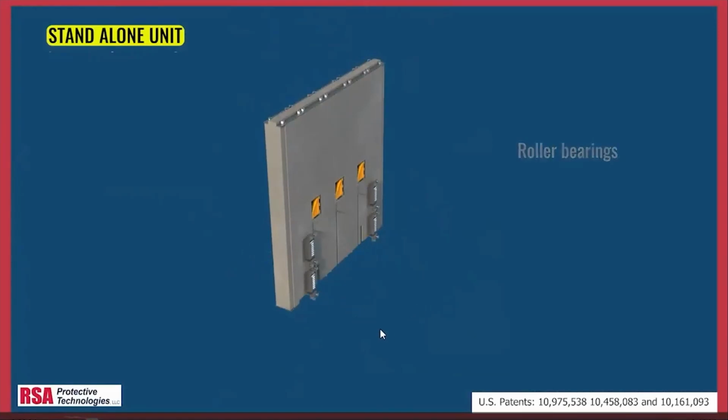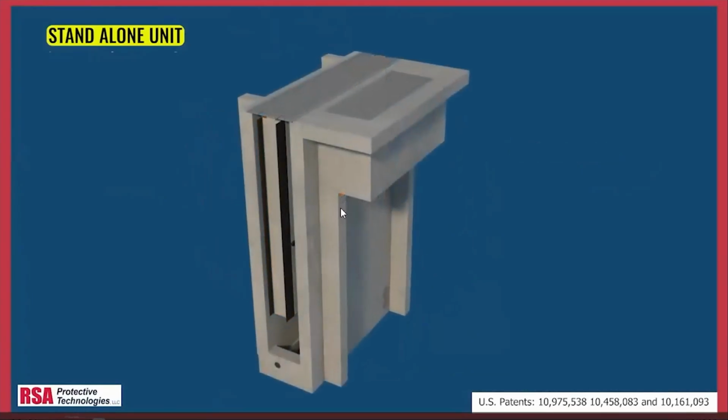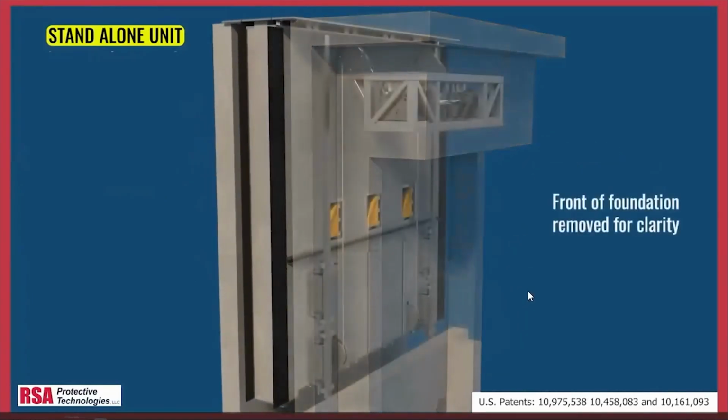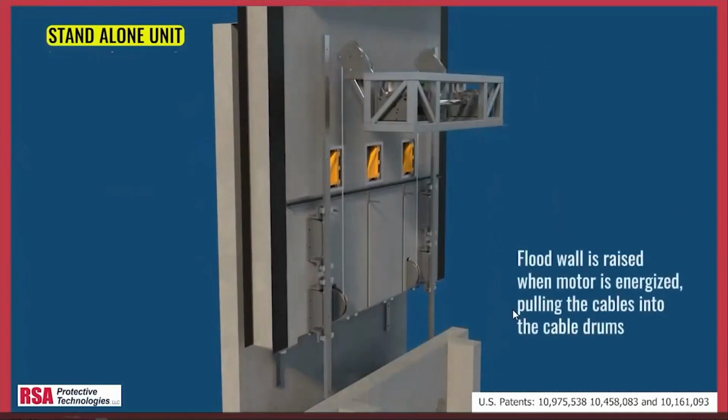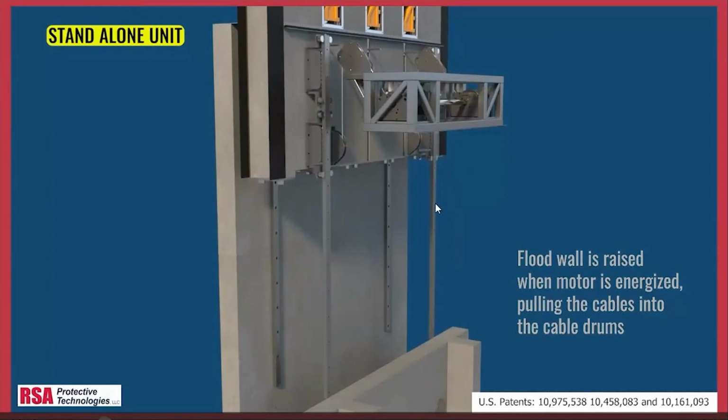Here's our guides being installed and the lower sheaves, and now we have the gasket retainers, the vertical seals or vertical gaskets, and this is showing all together now an assembly. So animation showing how the cables retract and raise the wall by retracting.